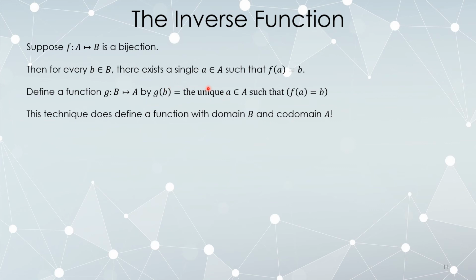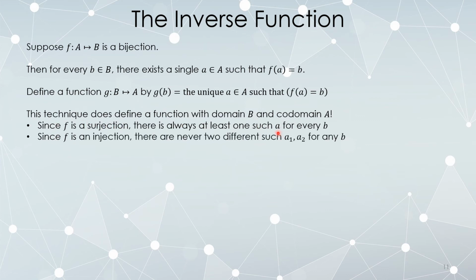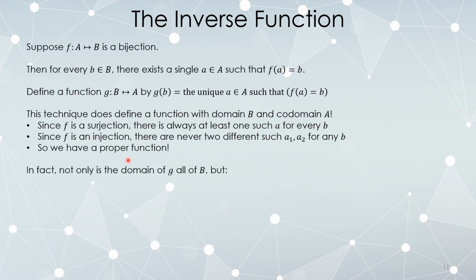Everything I plug in produces one result, not more than one result. The domain is B. I can plug every b in here. Because this function was surjective, everything here has a preimage that's non-empty. So every b actually does have something corresponding to it. So it is a legitimate function whose domain is B and then produces back elements of A. So since f was a surjection, there's always at least one solution, but not two because it's injective. Therefore, it is a proper function.